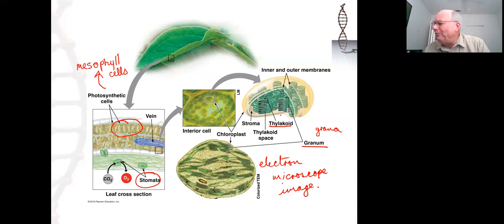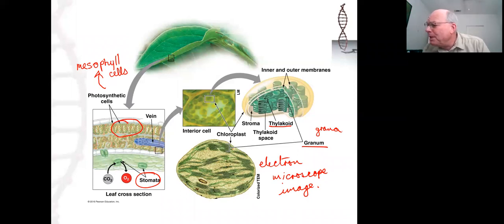So each of these discs has a space, but what is important is that each of the discs is connected to each of the other discs in the stack. So this internal space of each disc is actually continuous with the space of all the other discs in the stack.